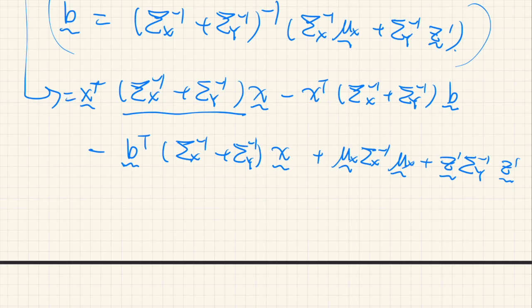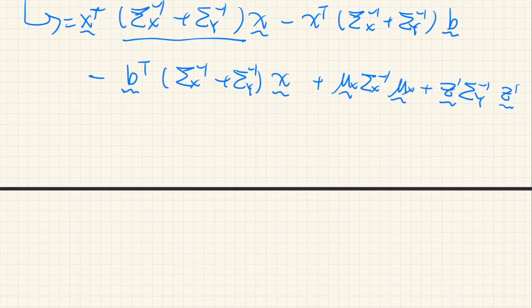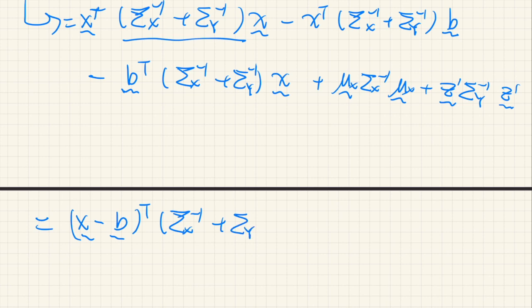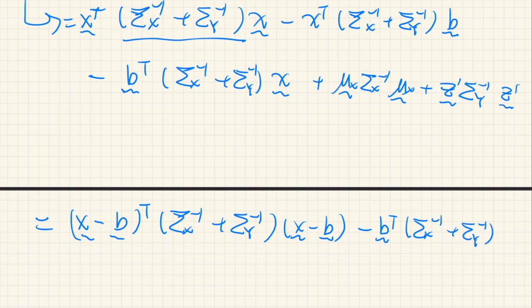This is equal, and let's write it here: x minus b transpose times sigma x inverse plus sigma y inverse times x minus b, and minus b transpose times sigma x inverse plus sigma y inverse times b, and the rest.